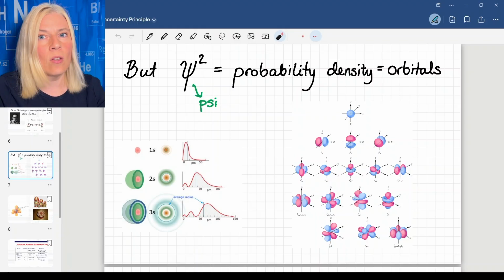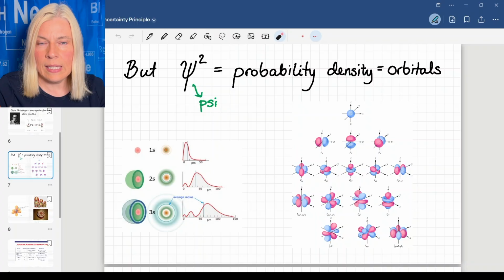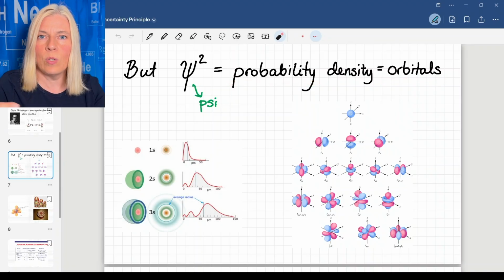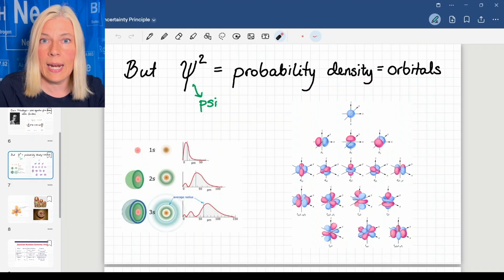Orbits are not orbitals. Orbit is a circular path, a set distance from the center. That's what Niels Bohr said. That's the planetary model. This is orbitals. Orbitals is math probability, 3D regions of probability where an electron is most likely to be found.